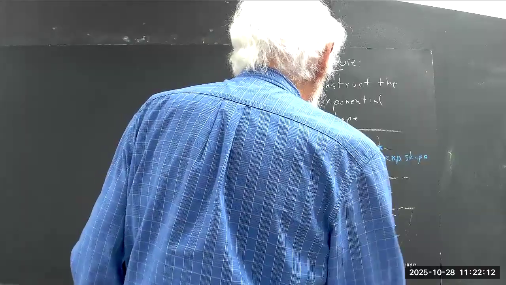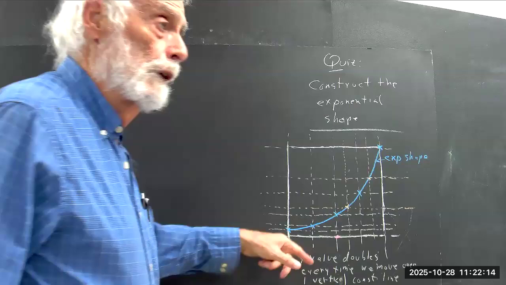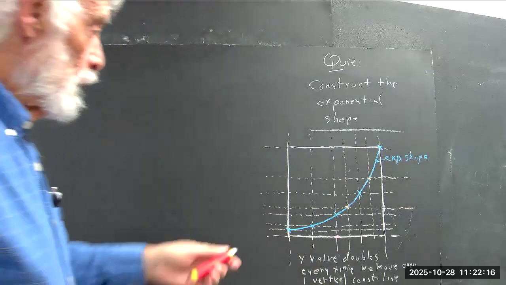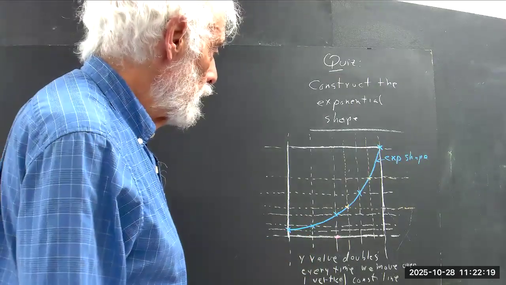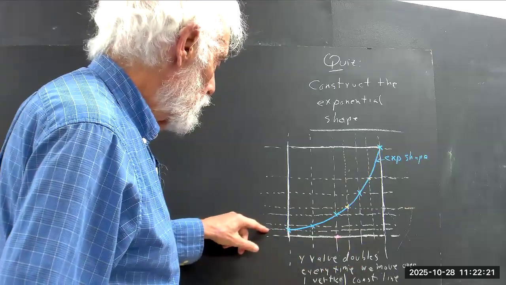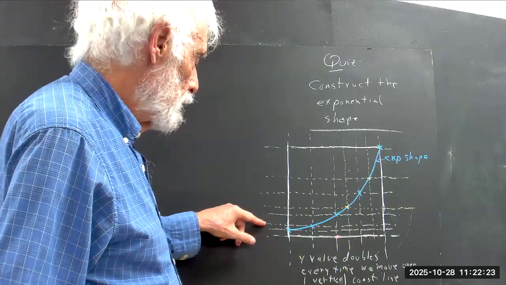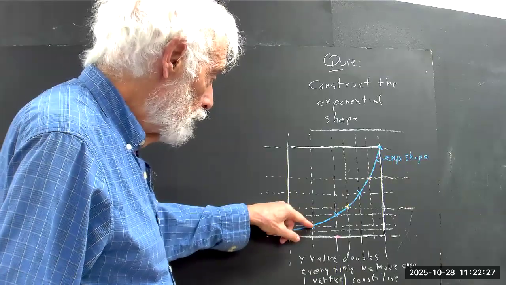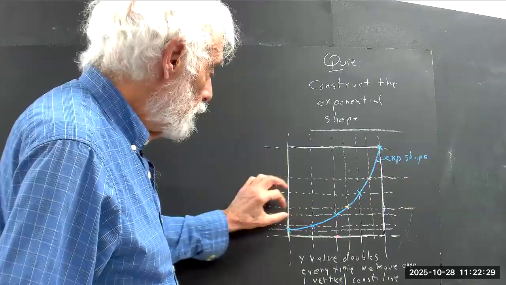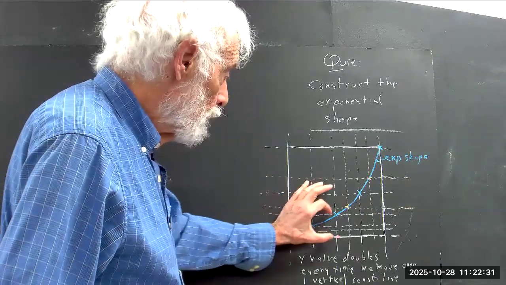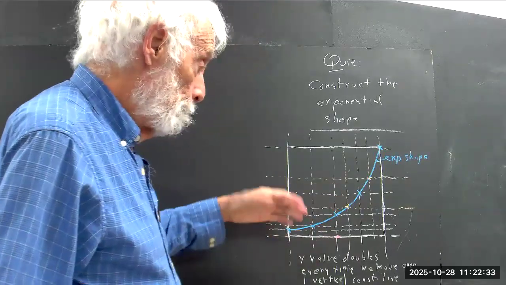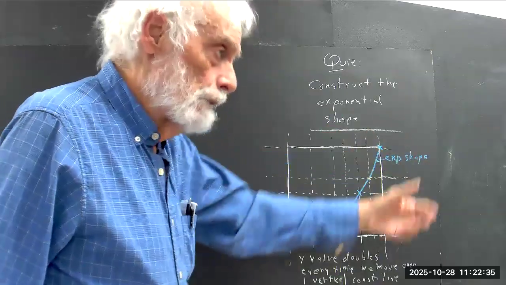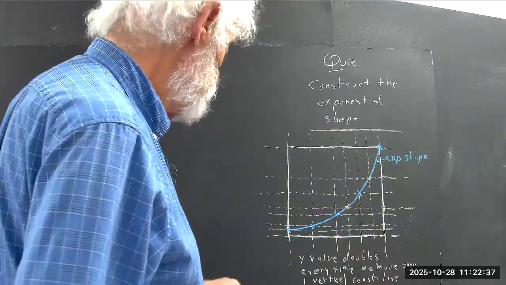Just to be complete, I'll say move over one vertical construction line. So if we move from here to here, the y value doubles. If the y coordinate here is half of the y coordinate here. The y coordinate here is half of the y coordinate here. So if we go from this point to this point, y doubles again. Y is this big and y is this big. Okay? And proceeding on to the right.